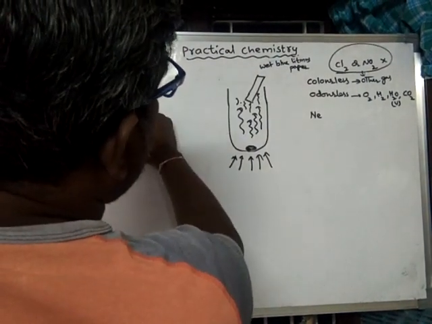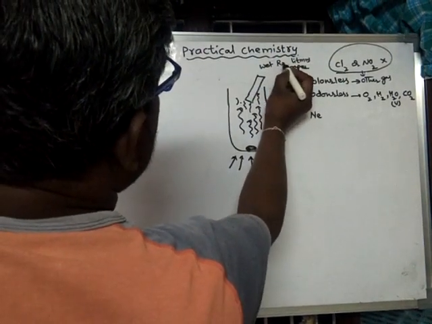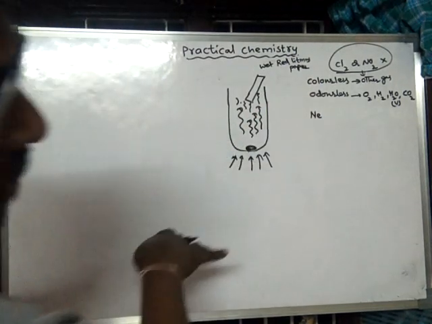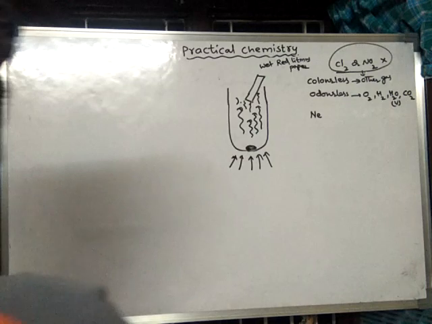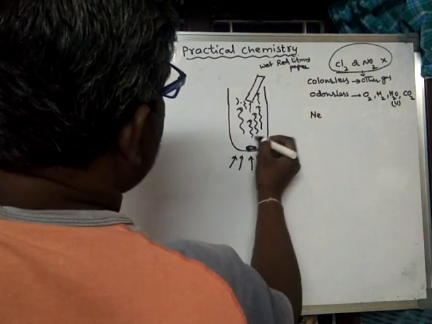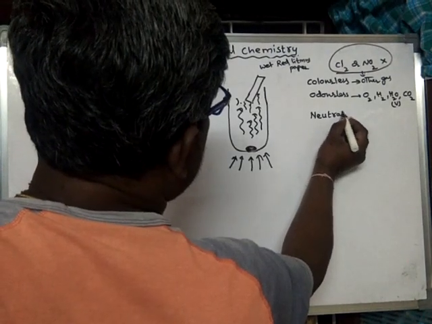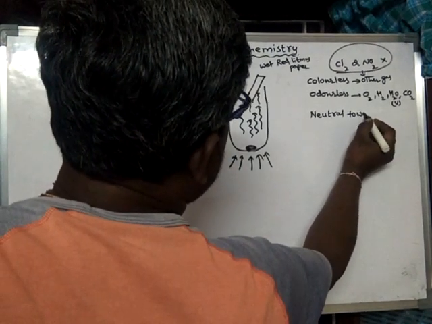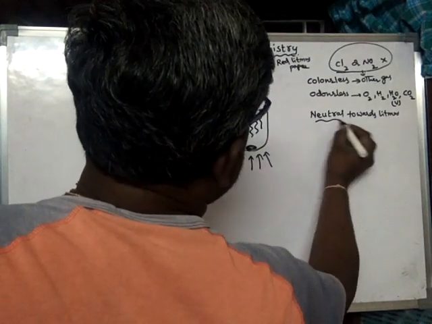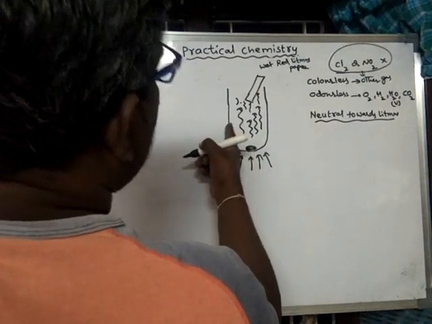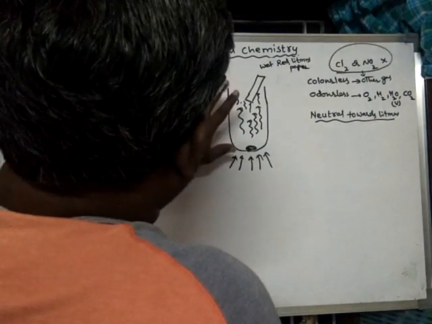Now remove this paper and try with wet red litmus paper. Even with red litmus paper, the color is not changed. That means this gas is neutral towards litmus.